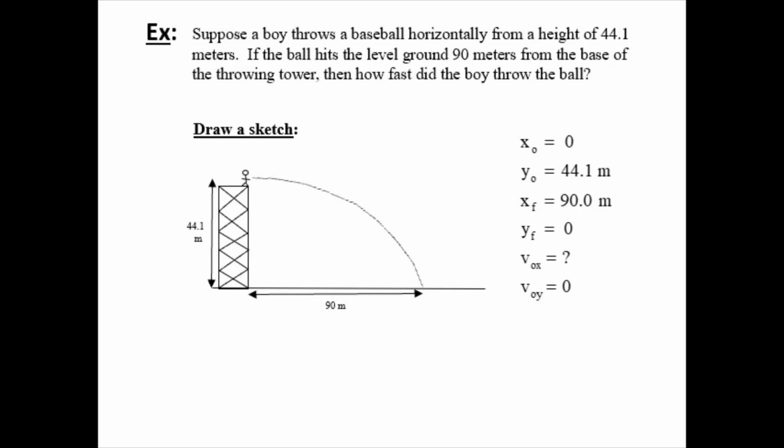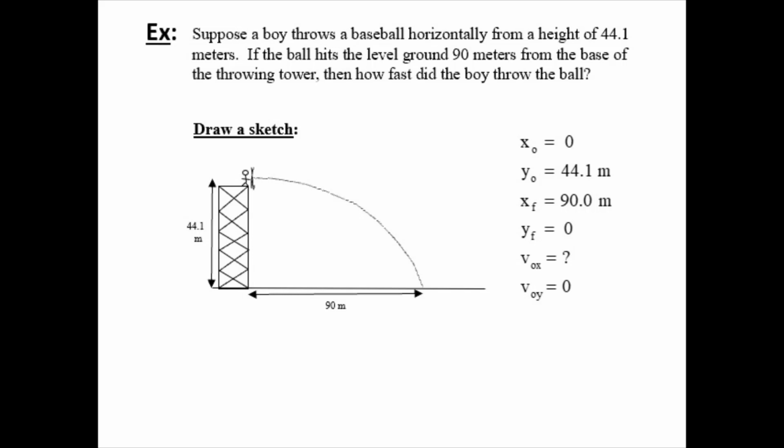So once we've got our little sketch made, then we have to choose our coordinate system. I chose x original as 0, which means x final here is going to be 90. The ball is going to land over at position 90, right? If we look in the y direction, y original, I decided to call 44.1. I can do that. Remember, I have the freedom over defining my coordinate system.